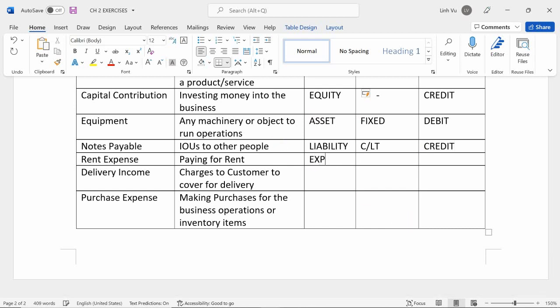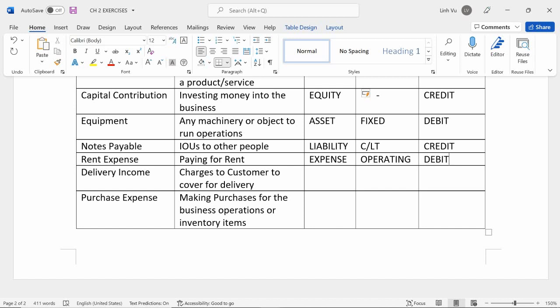Now, what kind of expense would this be? Operating. It'll be your operating. Good. Okay. All right. Debit or credit? How would you increase an expense? Debit. With a debit. Good. Okay. All right. 2 more.